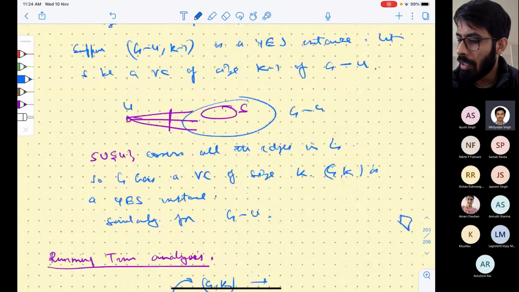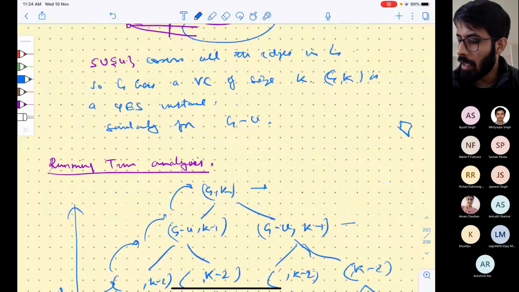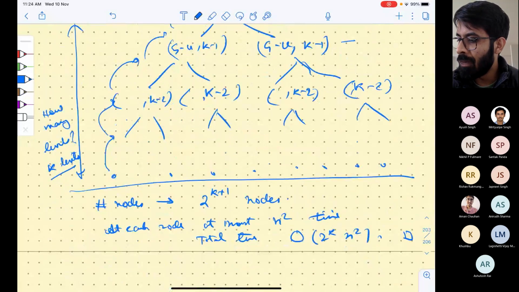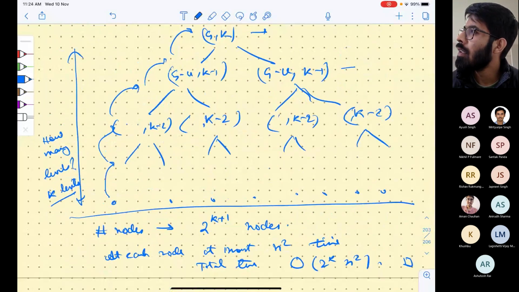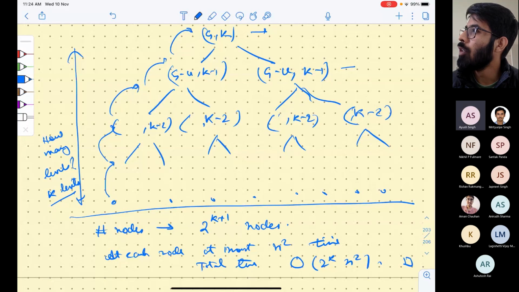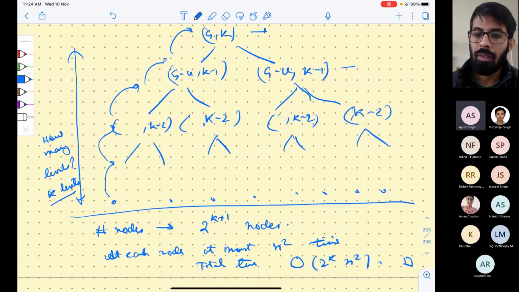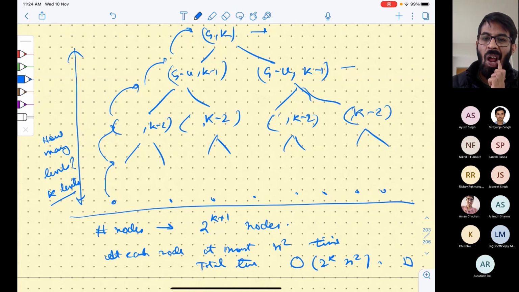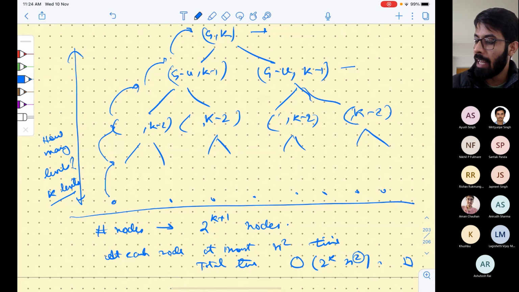Yeah, we can pick an arbitrary edge at every node, but still removing u and v to create new graphs will take time, right? It might be done in order n time, but let's just take a worst bound to be n square.